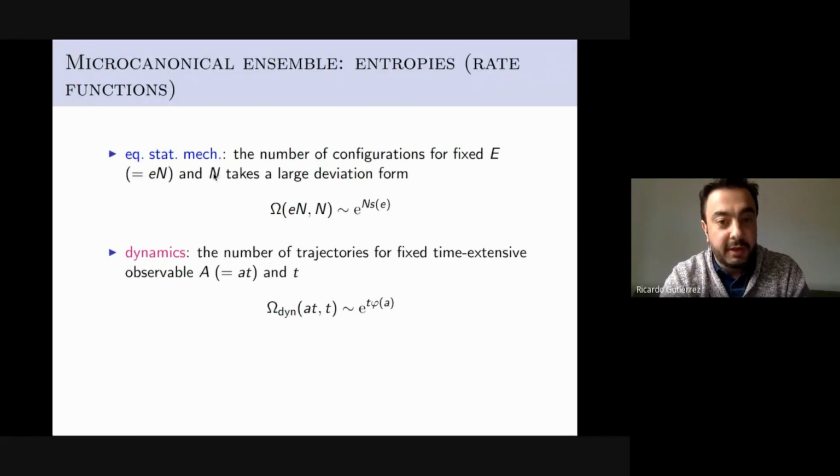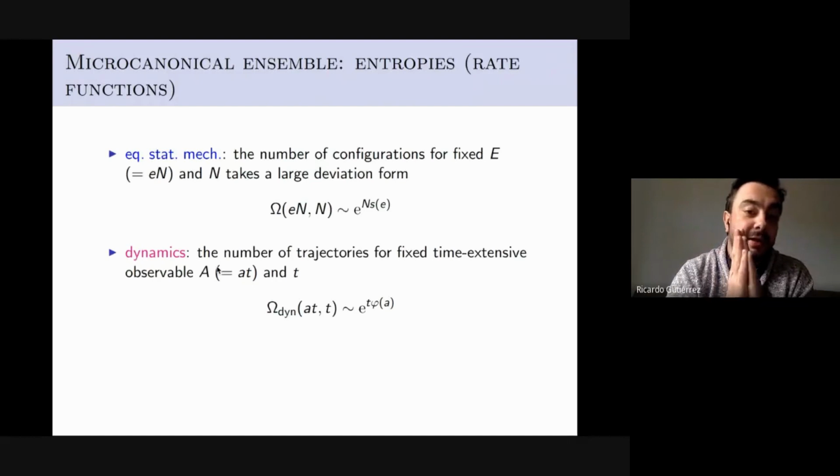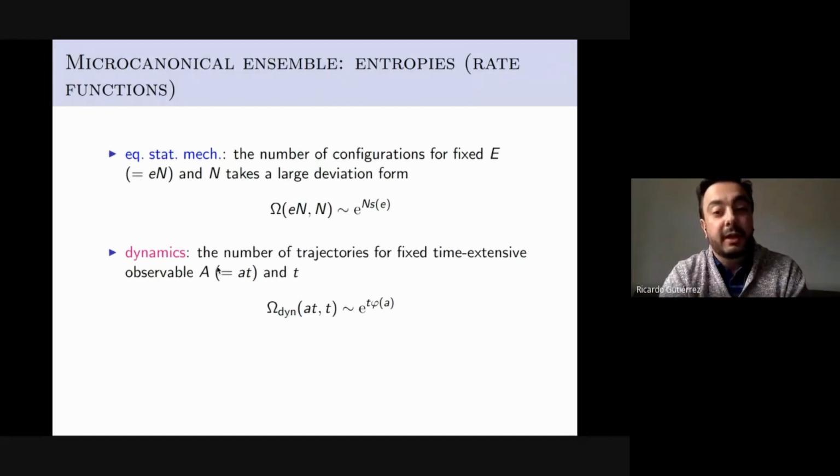And remember that n and t take a similar role in these two contexts. And for the observable, again, I use this trick of distinguishing between the capital A, which is the time integrated observable, which is time extensive, and small a, which is the amount of change in a per unit time, so to say, the contribution to a per unit time.